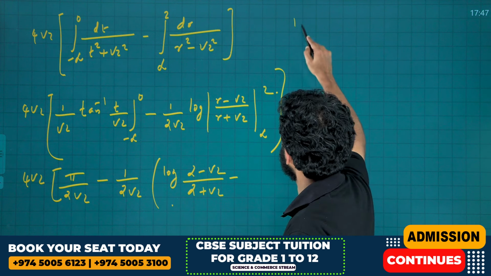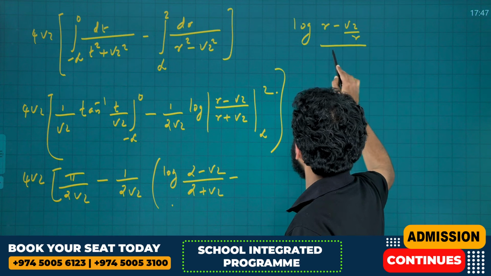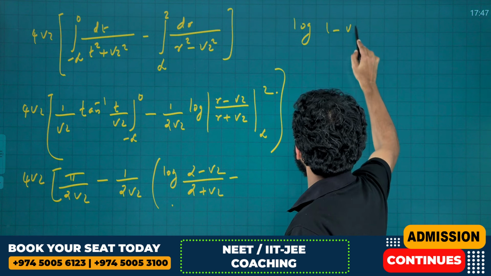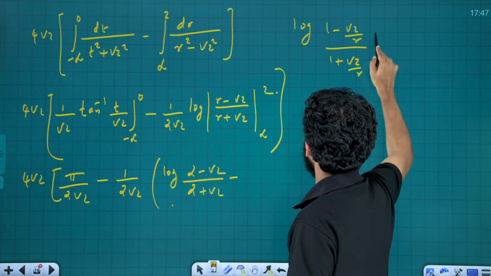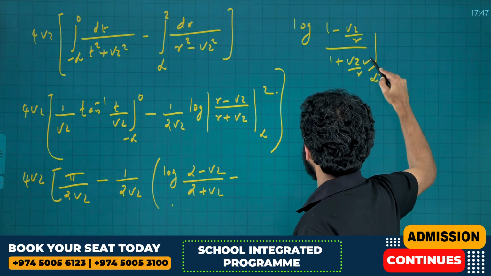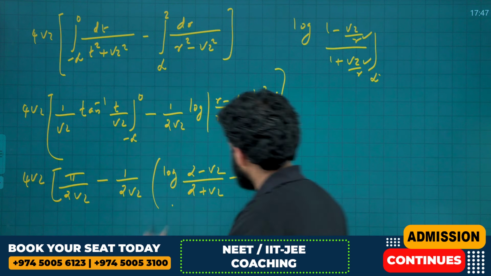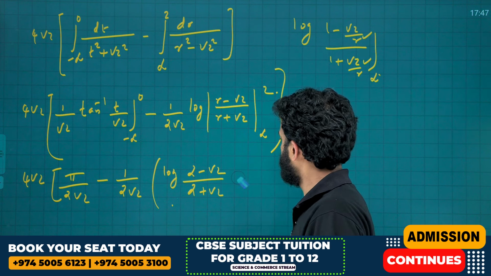So it will be like log of 1 minus root 2 by r divided by 1 plus root 2 by r. And if you substitute infinity over here, this becomes 0, this becomes 0, that is 1 by 1, that is log 1, which is equal to 0. So don't bother about the next part. It got 0, so we can close it over here.